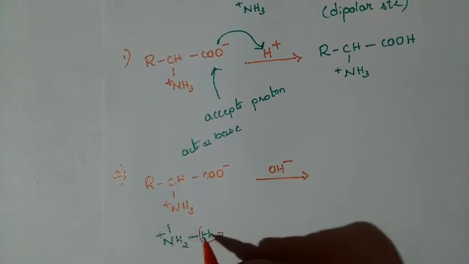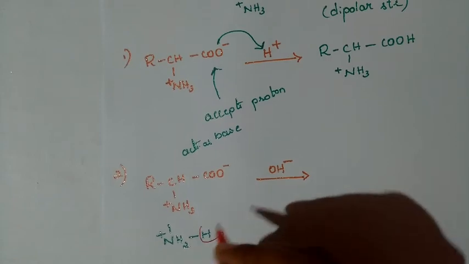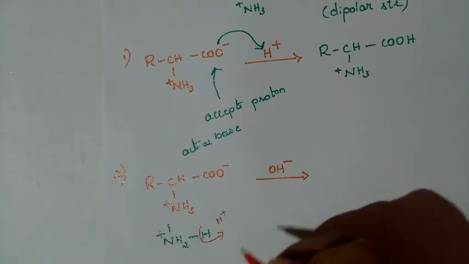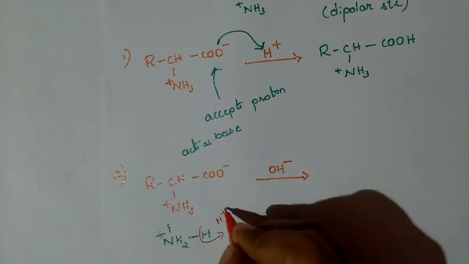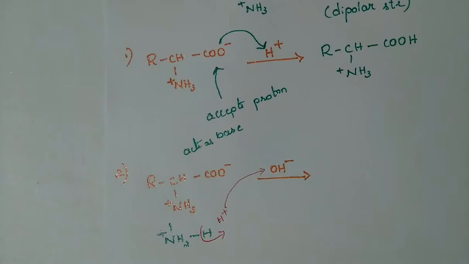Leaving the bonded pair, hydrogen leaves as an H plus ion. This H plus ion is attracted towards OH minus. So the substance which is going to donate or give out an H plus ion is called an acid.